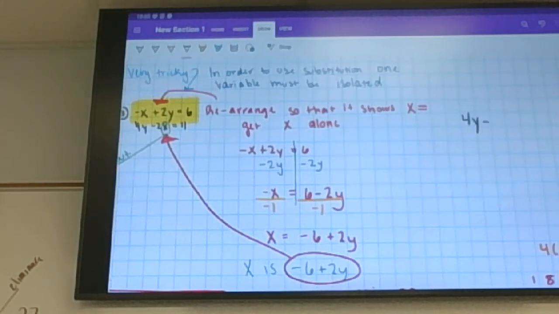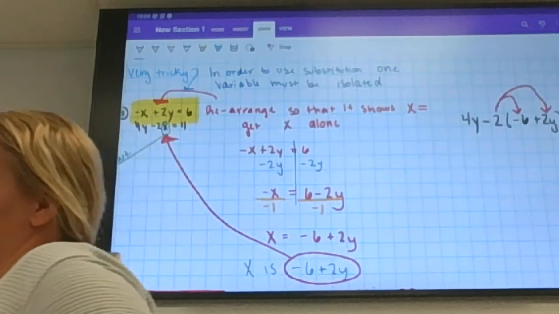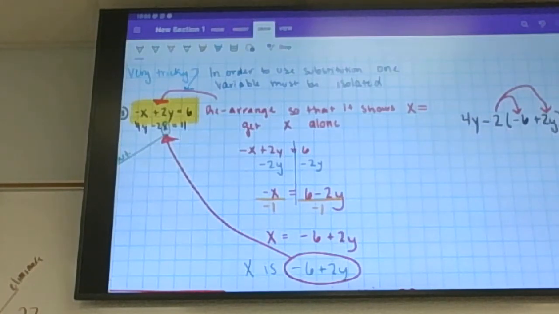So it's 4y minus 2 times -6 plus 2y equals 11. Okay, now I'll pause and see if y'all can figure that out before me. Distribute this in. This is the trickiest problem of the day.